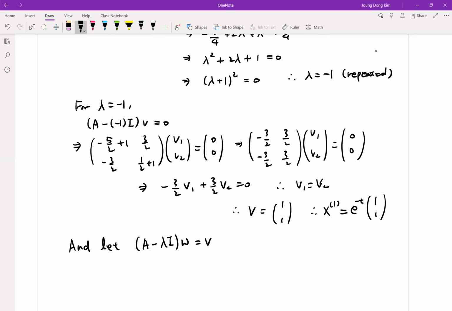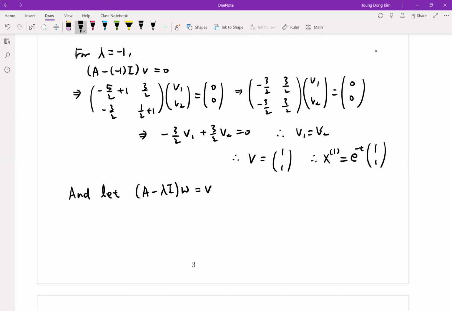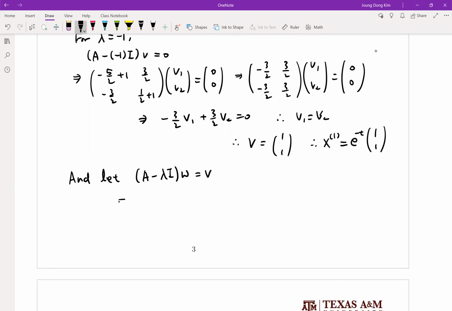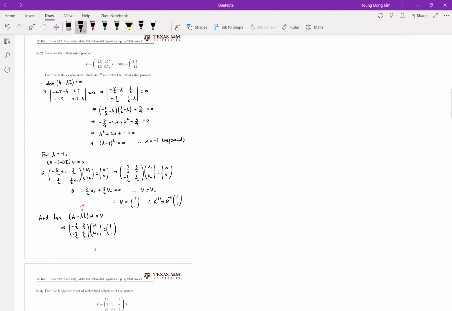Which means negative 3 half, 3 half, because your lambda is equal to negative 1, negative 3 half, 3 half, and let me say w1 and w2 equal to v, which is the vector 1, 1. So I think I need more space. Give me 1 second.